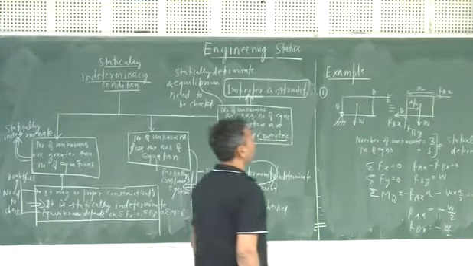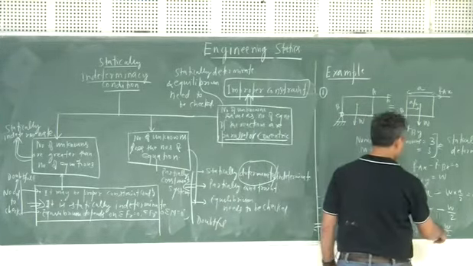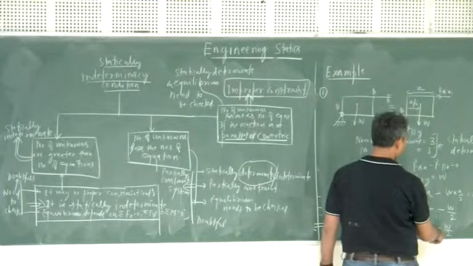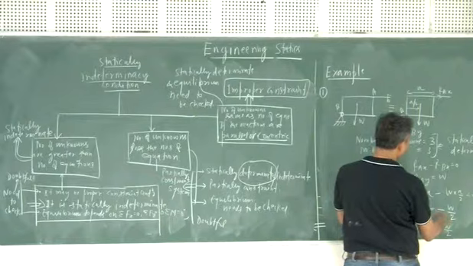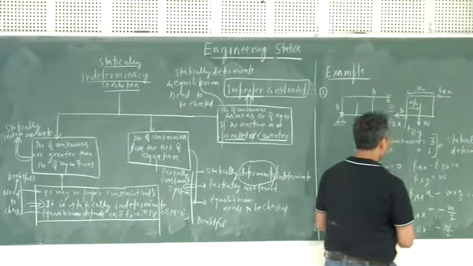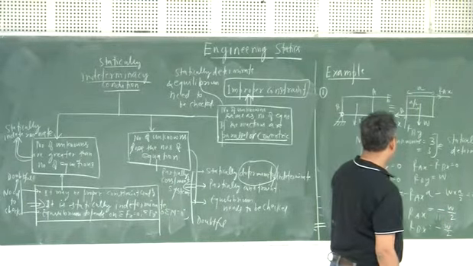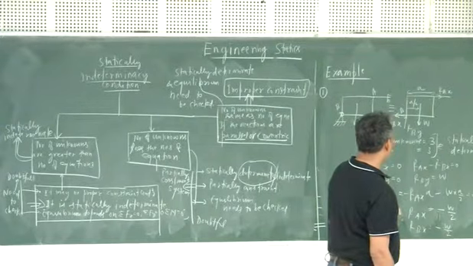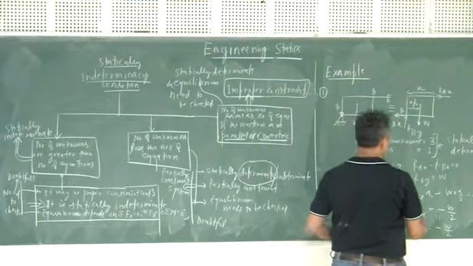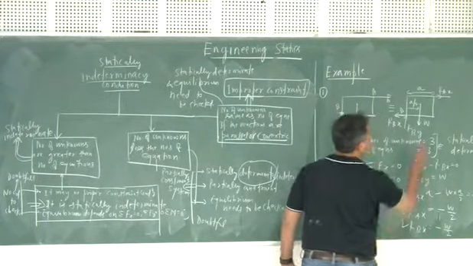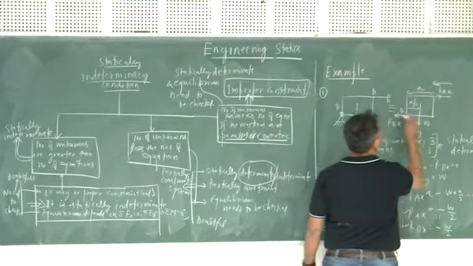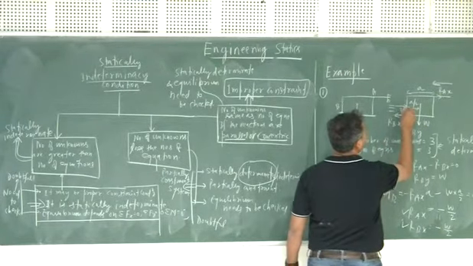Right? So it means that you are providing a support like this. RAX is nothing but minus, and here, so this is what you that the direction of this will get, right?